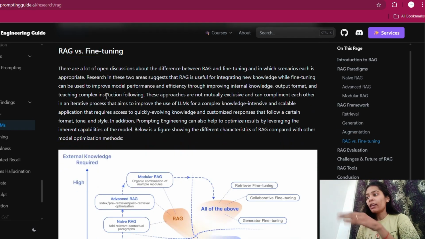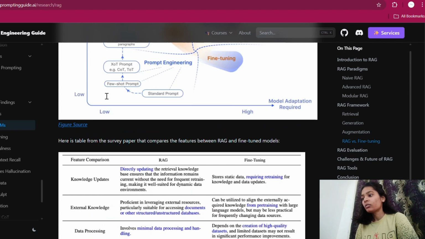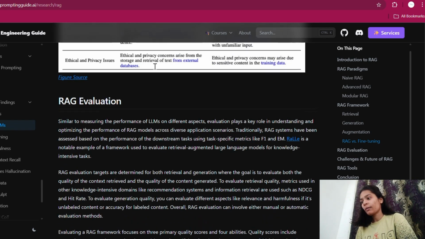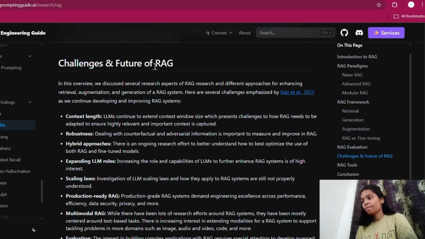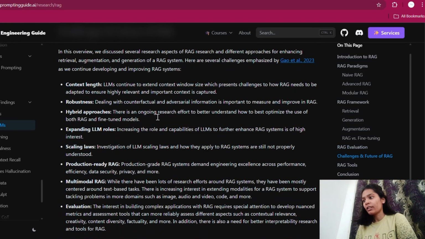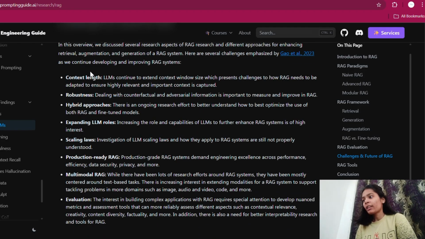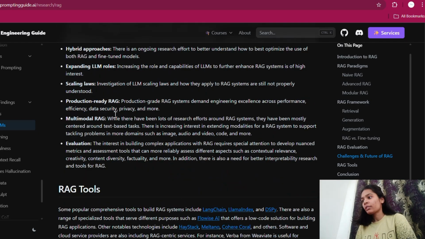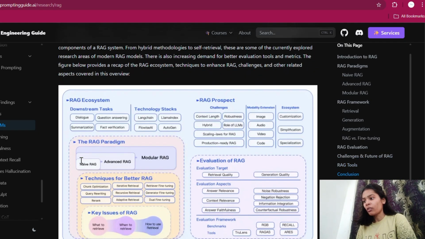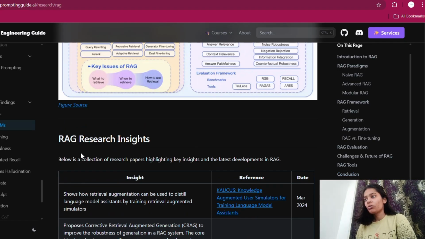Then this is RAG versus fine-tuning, the difference. You can see more differences there. Okay. Challenges and the future of RAG. What are the challenges? That is the context length, hybrid approach, scaling law, and tooling, and the conclusion of these things.